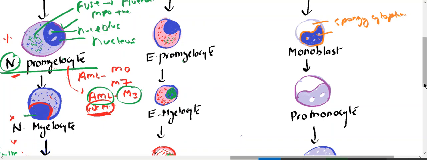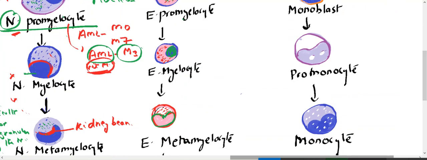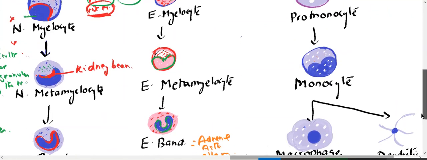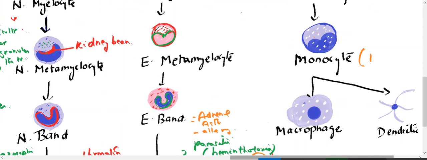Okay, so you can see this is a promonocyte, and the monocyte, you can see the holes, like when you see a sponge, they have holes in the cytoplasm, and that's called the monocytes. The monocytes are in the blood and macrophages in the tissue.